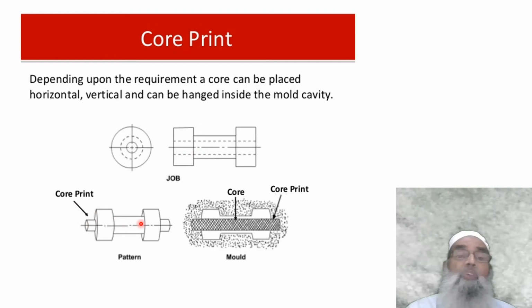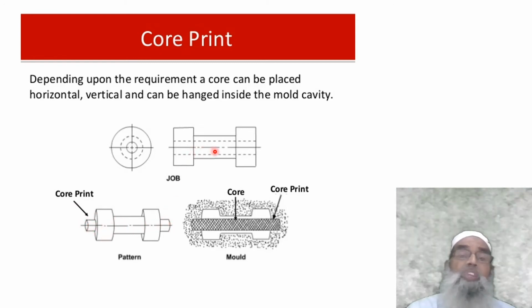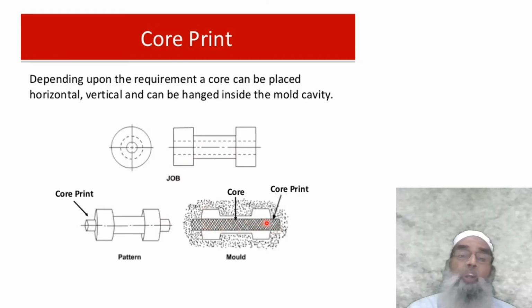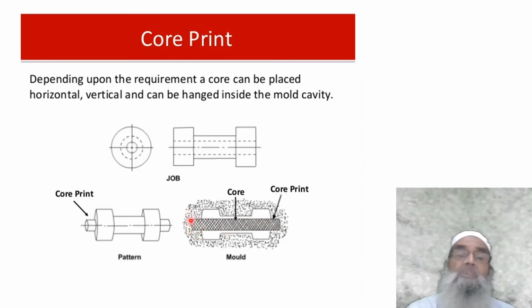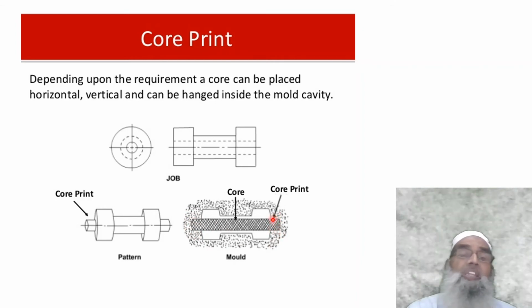Now we need to provide a core print, because to make a hole we need a core. This core can only be assembled in the cavity when there is a space holding the core.